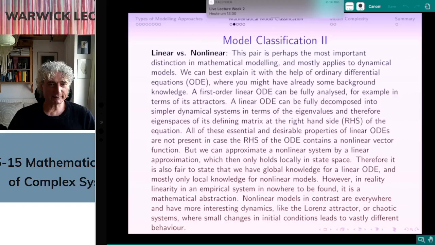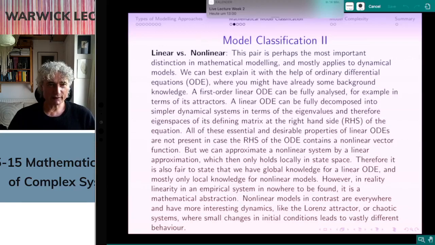You know that this goes by separation of the eigenvalues of the matrix that defines the right-hand side of the ordinary differential equation. So this gives you a full global description of any possible dynamics the system can have.